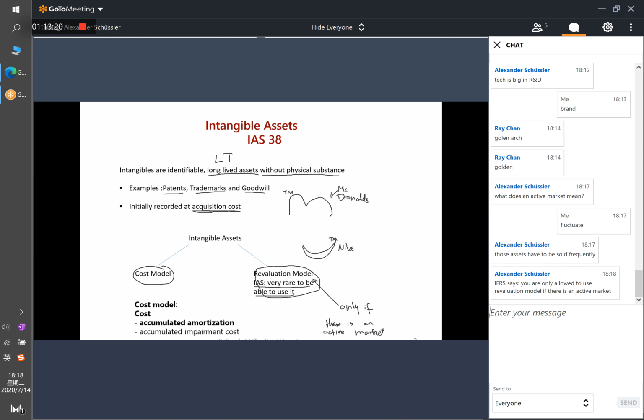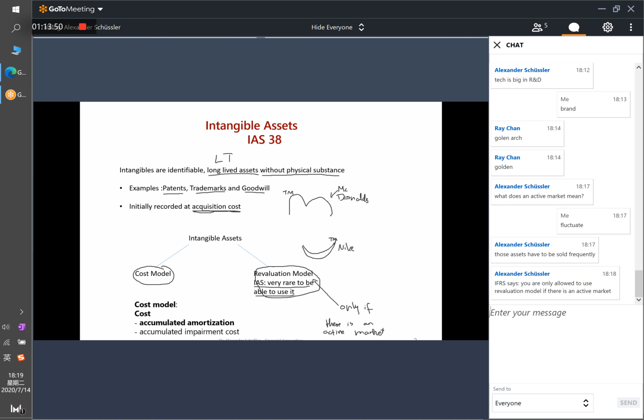And for patents, is there an active market? Are patents often sold? Probably not. Patents are given out to companies, but they are not sold often. So unless there is an active market, firms have to choose the cost model.